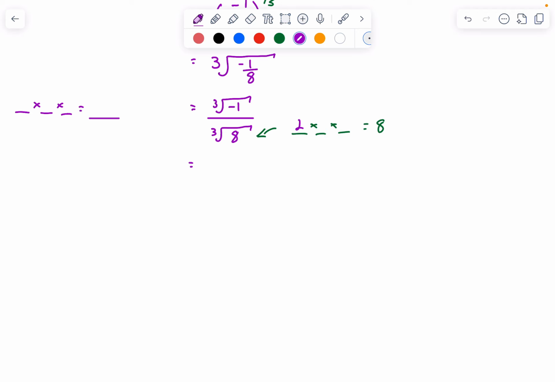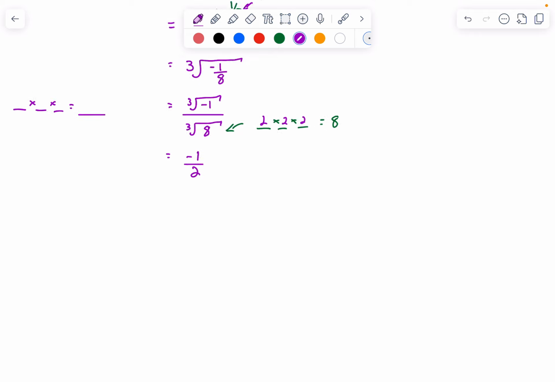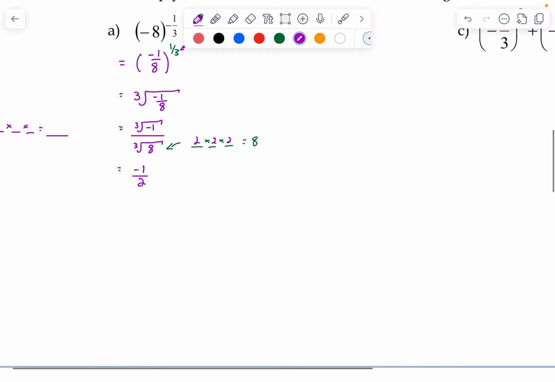Well, that'd be 2, 2, and 2. So the third root of -1, well, what exact same 3 numbers give you -1? -1. What 3 numbers give you 8? 2. So there would be your answer for A. Let's look at B.